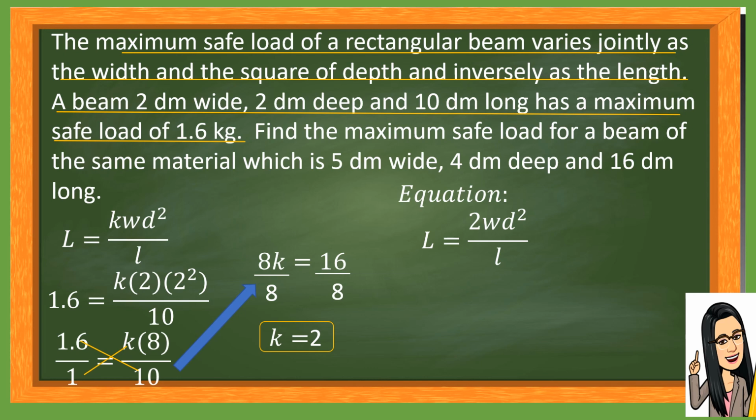Then from the equation, substitute 5 decimeters for the width, 4 decimeters for the depth, and 16 decimeters for the length. So we will get L is equal to 2 times 5 times the square of 4 all over 16. 2 times 5 is 10 and the square of 4 is 16.